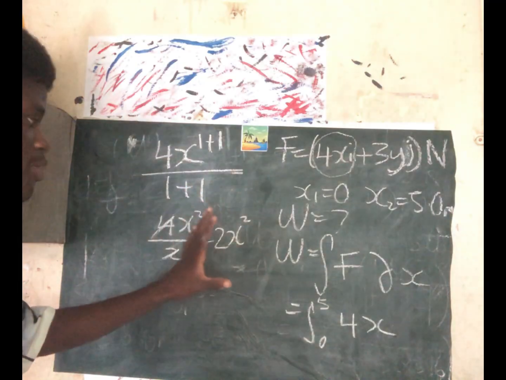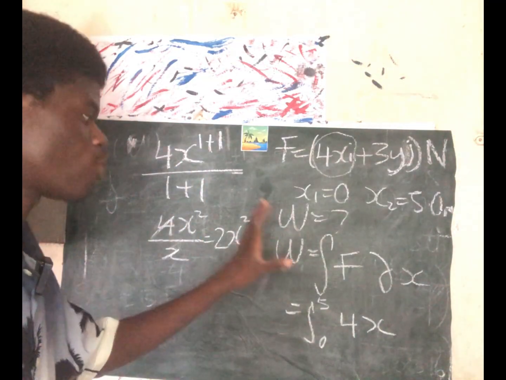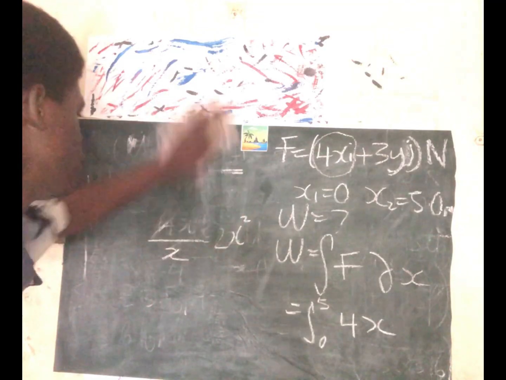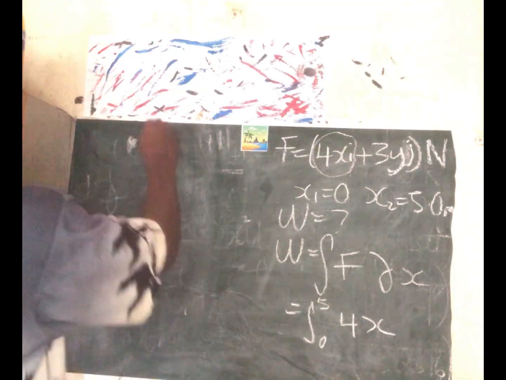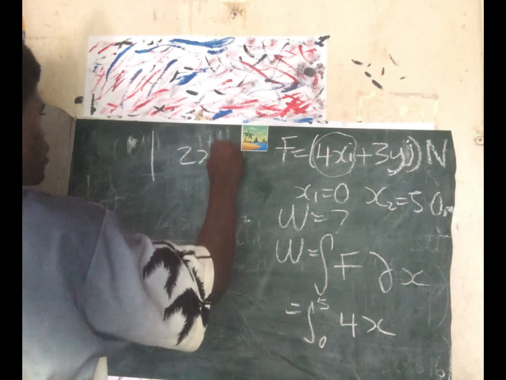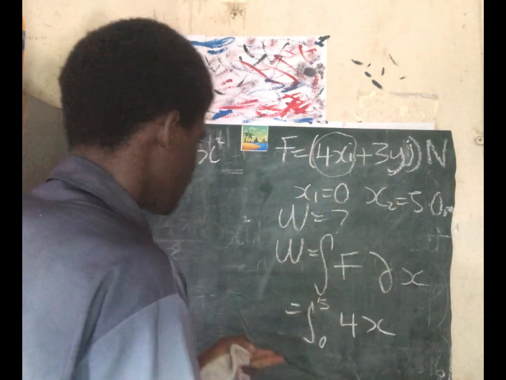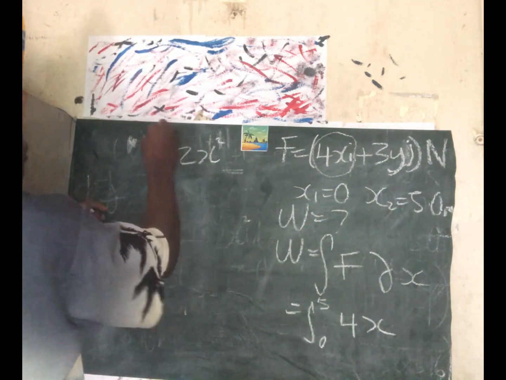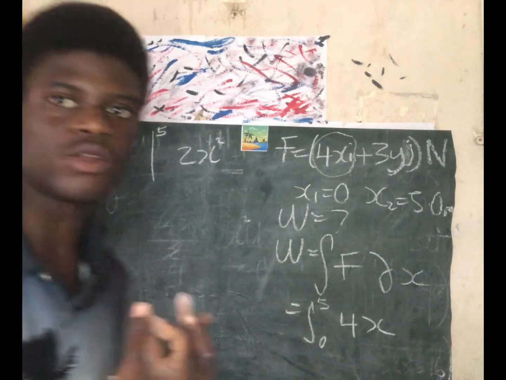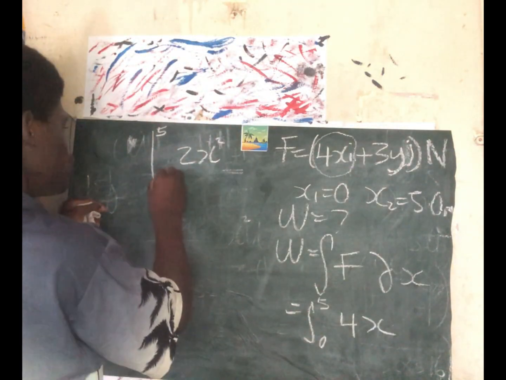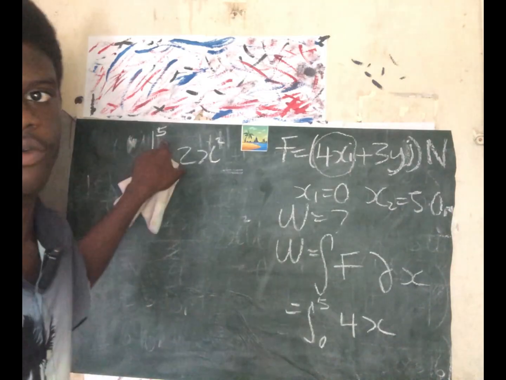How do we now get our value for work? Because this is not our final answer. We've integrated it already, 2x squared, but they say it moves from 0 to 5 meters. So 5 will be on top here. If you want to input values for integration, you just put the numbers here. This will be the initial, and this will be the final.